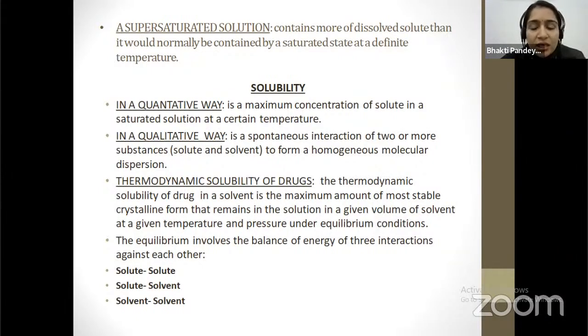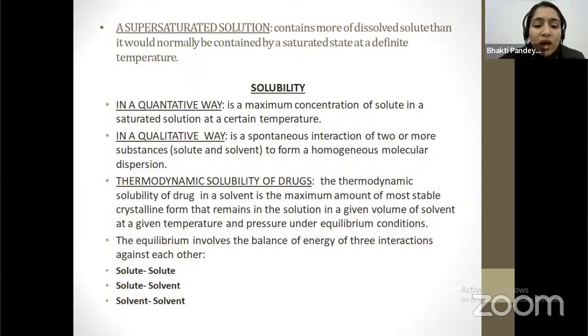What is the thermodynamic solubility of drugs? The thermodynamic solubility of a drug in a solvent is the maximum amount of the most stable crystalline form that is present in the solution at a particular temperature and pressure at equilibrium conditions, like fixed temperature and pressure.